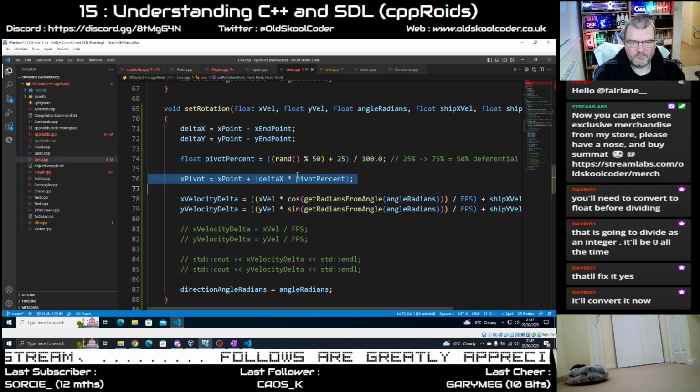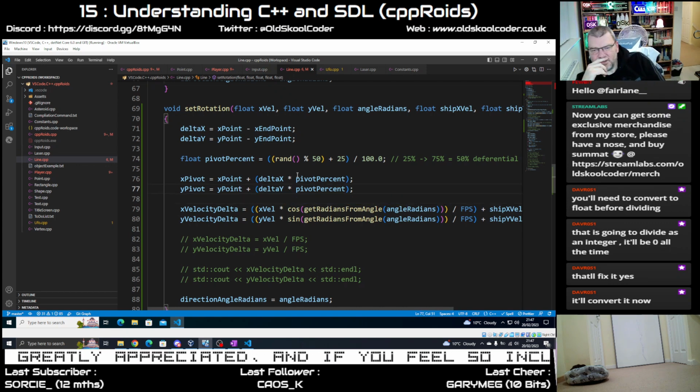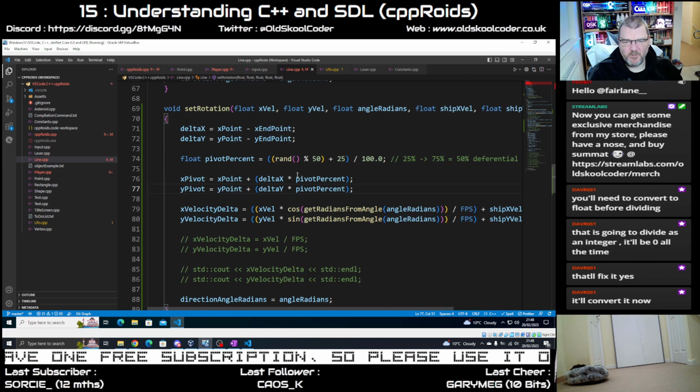Yeah, that should do it. That should give us our pivot point.